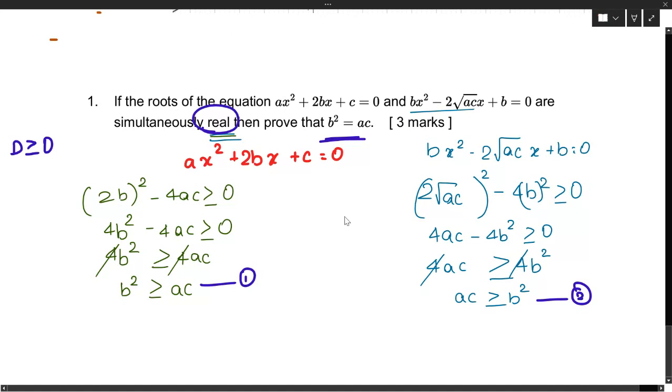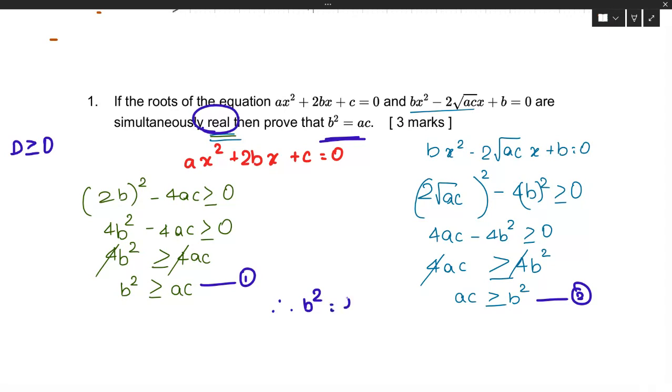Last class also you asked me the same question. Do you remember? After this question, we will see that as well. So this is a contradictory statement that we can see here. One is greater than and equal to, the second one is less than and equal to. That is only possible if b square is equal to ac. Therefore, we can conclude that b square is equal to ac.